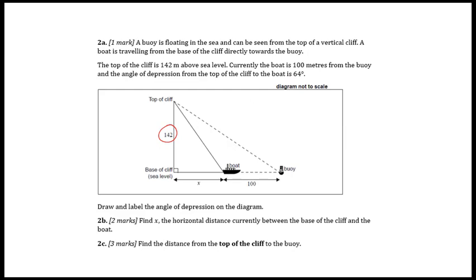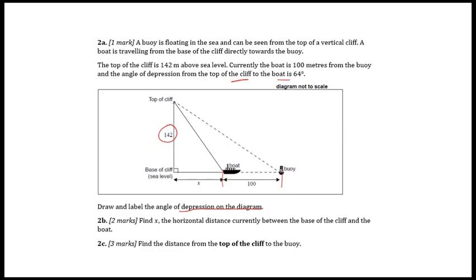So we have this distance, it's 100 meters. Draw and label the angle of depression on the diagram. We want to draw the depression angle from a cliff to the boat.